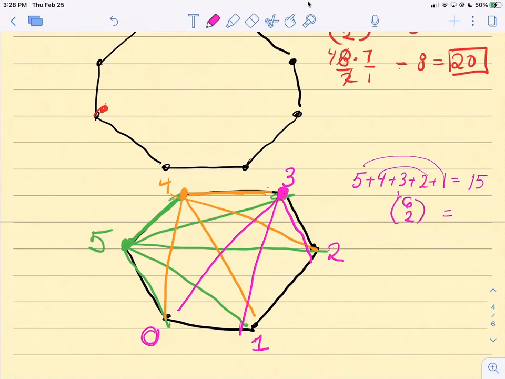And 6 choose 2 is exactly 6 times 5 over 2 times 1. So that's a neat thing: anytime you want to count the number of handshakes out of 7 people or something, it's related to adding up all the consecutive numbers in order from 1 to 6. And you can get a nice formula. So there are some really nice patterns.